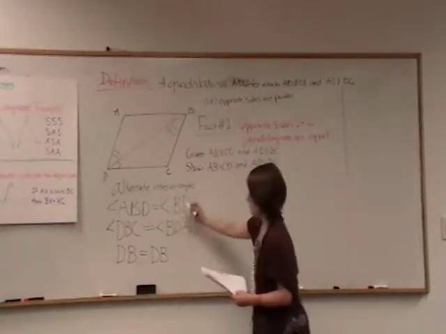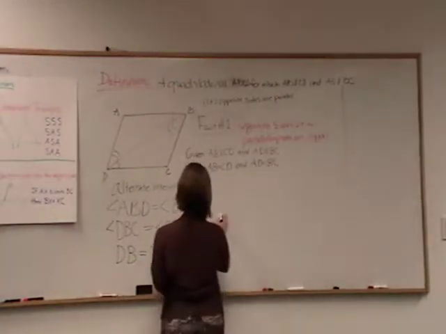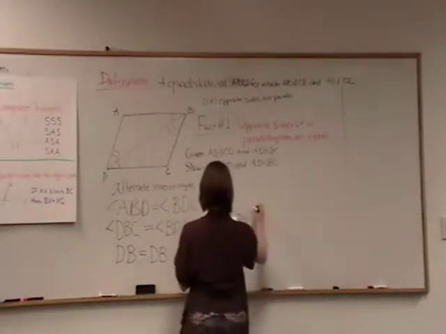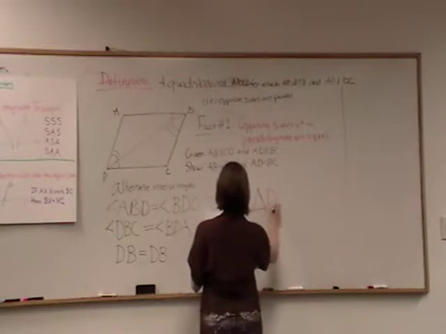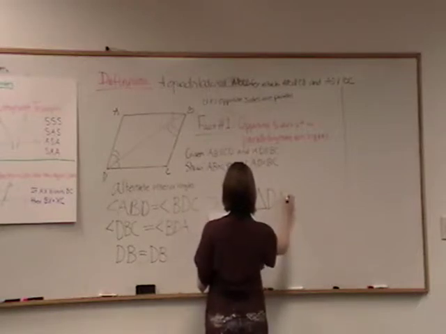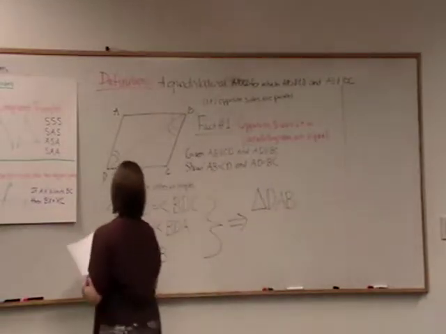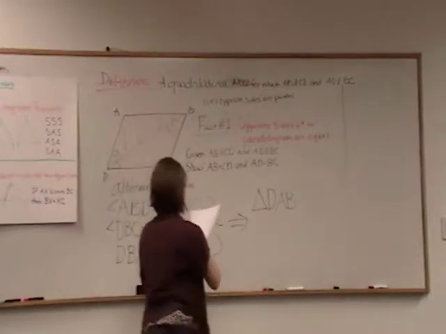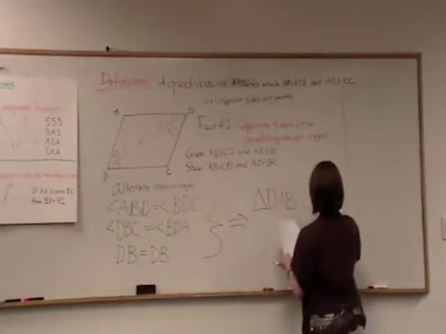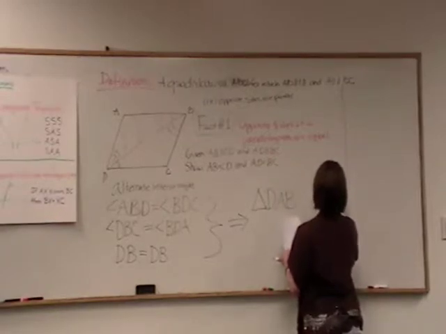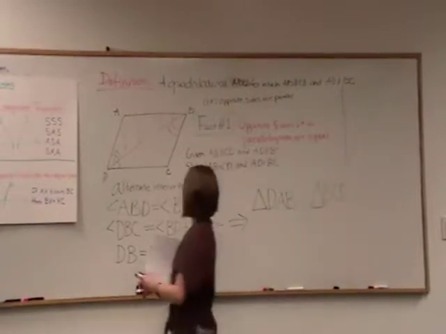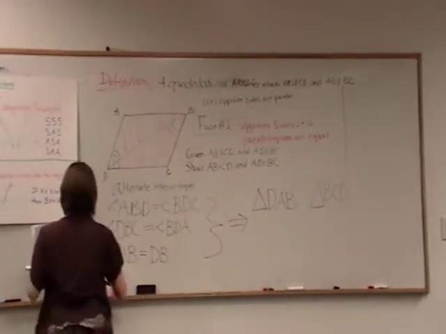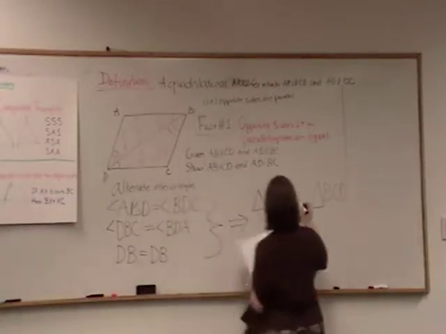And from these 3 facts, we know that triangle DAB, which is this triangle here, and triangle BCD, this triangle, are congruent.